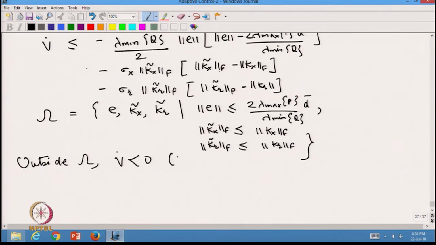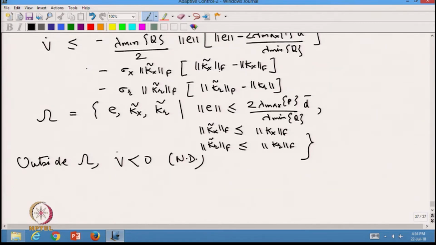So it's negative definite, because this includes all 3 states: norm of E, norm of kx tilde and norm of kr tilde. None of the states is missing here, and that is why we say that V dot is in fact negative definite, not negative semi definite.